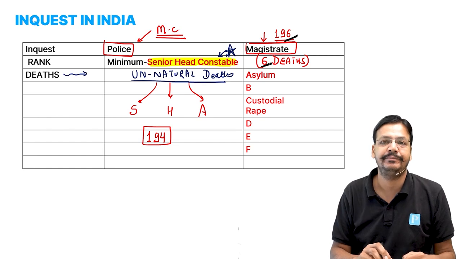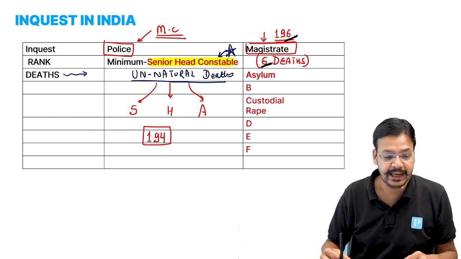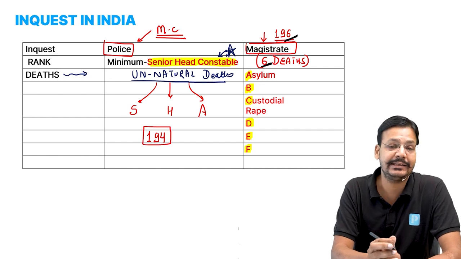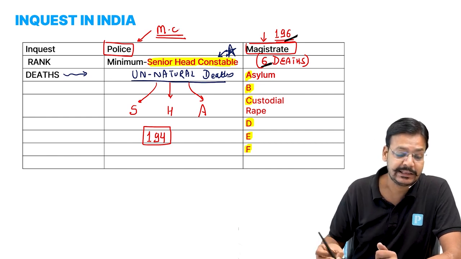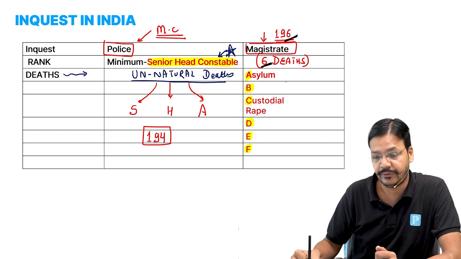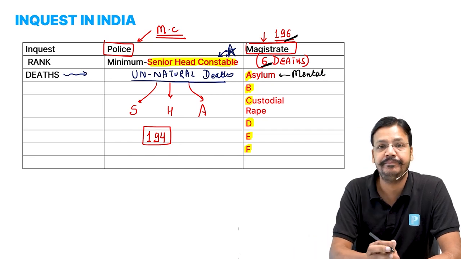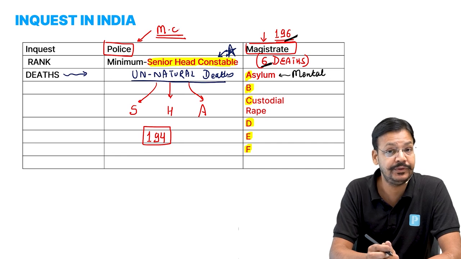What are these 6 deaths? I have made a very simple trick: A, B, C, D, E, F. These are the 6 deaths. I'll start with A. Listen very, very carefully. If the death is in A, the mental asylum, if the death is in a mental asylum, the magistrate conducts the inquest.